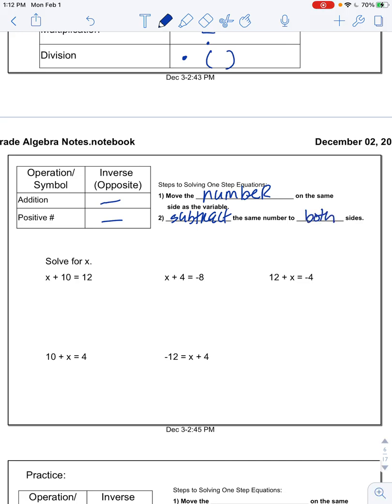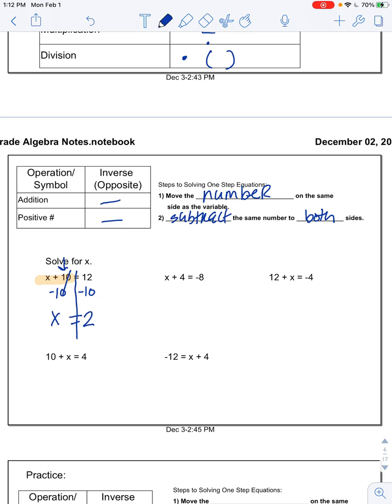Okay? So you will see me draw a line down the equal sign for every single one of these so you can see that it's separated into a left side and a right side. We always want to deal with the side that has the variable. Okay? And we're always moving the number without the variable first. So we have plus 10, so we do the opposite or inverse of adding, which is minus 10.